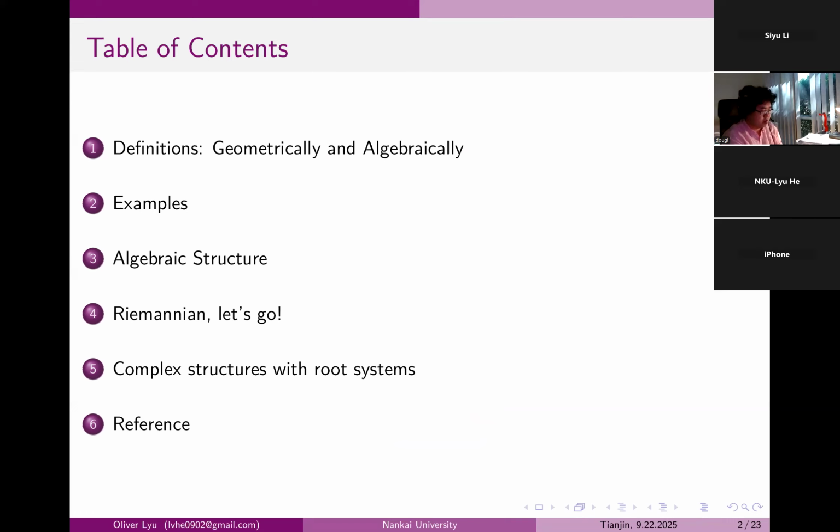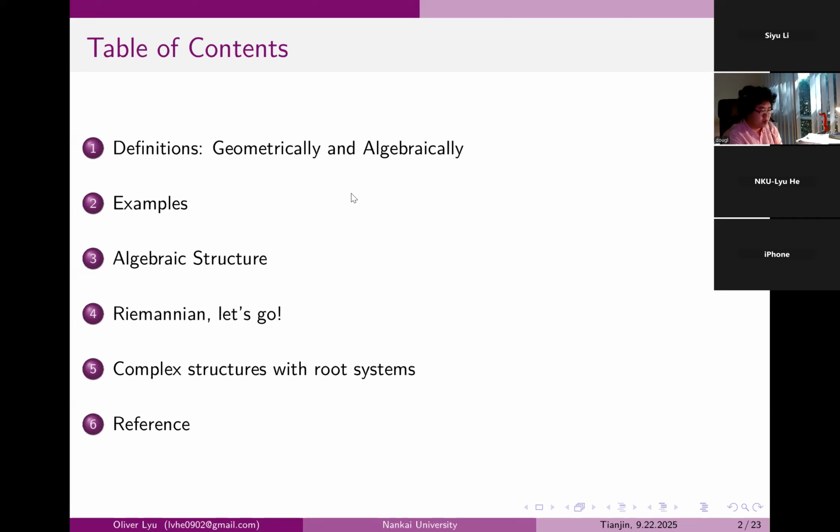Like we have already seen, the homogeneous space definitely has a lot of manifold background, also with the group structure. Then I'll give a few examples of homogeneous spaces.